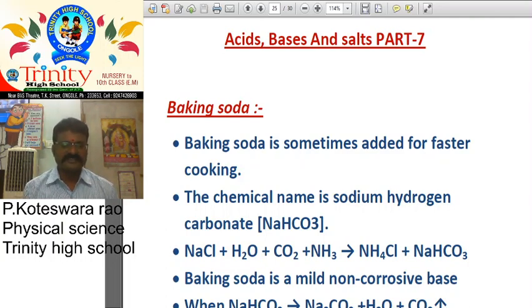It is tested with acid with litmus paper, base with litmus paper, and universal indicator. What is our universal indicator? pH paper. pH paper is the universal indicator.